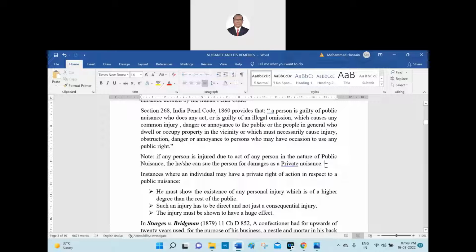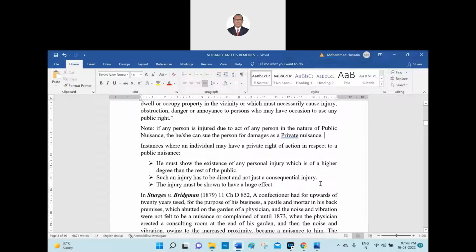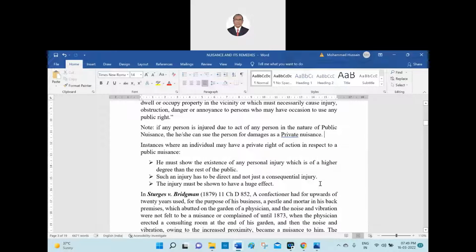Instances wherein an individual may have a private right of action in respect of a public nuisance. For a public nuisance, a private individual filing a case under private nuisance: Number 1, he must show, the victim, the plaintiff, the existence of a personal injury which is of a higher degree than the rest of the public, meaning he himself or herself has suffered more than the other people have suffered.